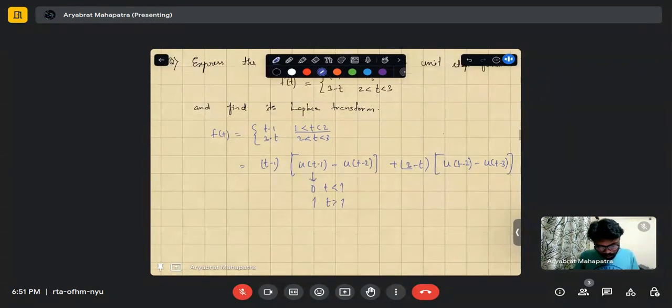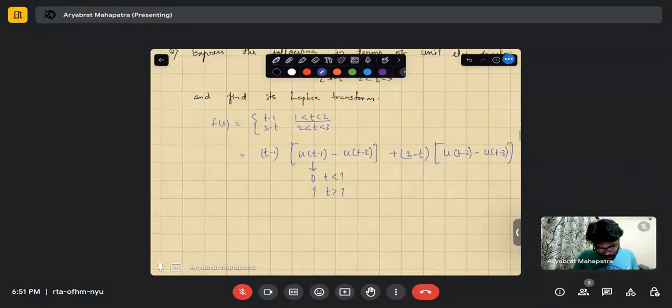And here you will see that I'm writing t minus 1 multiplied with u of t minus 1 minus u of t minus 2. So for this term, this will give me 0 when t is less than 2, and this will give me 1 when t is greater than 1.